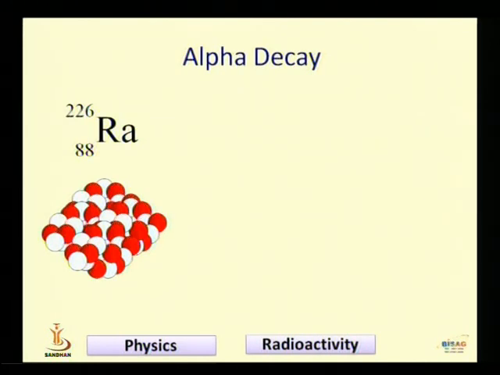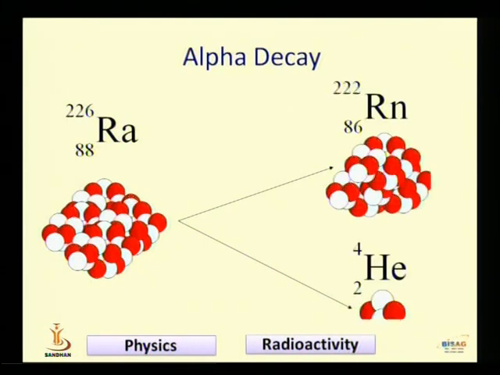Now when the alpha decay occurs, the radium nuclide, which is the parent nuclei, will disintegrate, and it will give us radon, which is the daughter nuclei, with atomic number 86 and mass number 222, and one helium nucleus. Now by this equation, by this figure, we can write the chemical structure of radium and radon in this way.